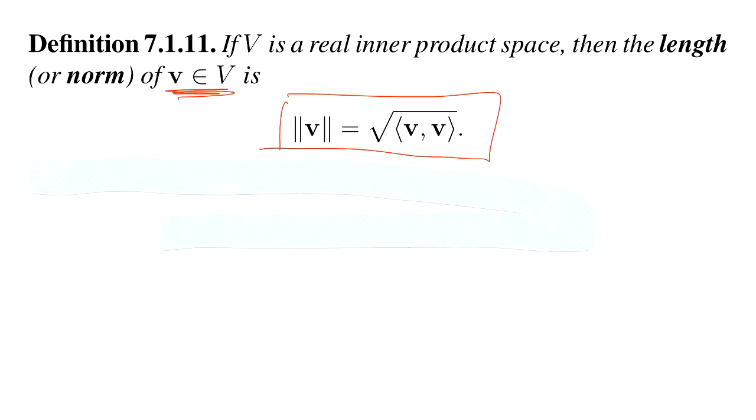Now, how did we define distance once we were given length in Rn, or in Euclidean space? How do we define distance? Yeah. In Euclidean space, we defined the distance between two vectors to be the length of their difference.